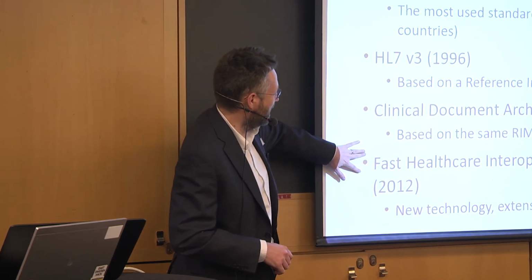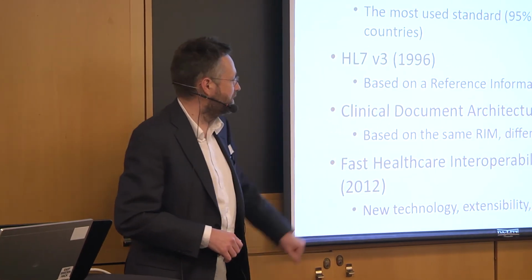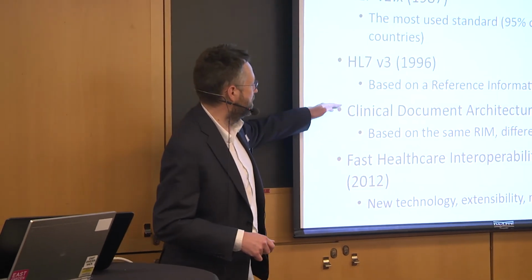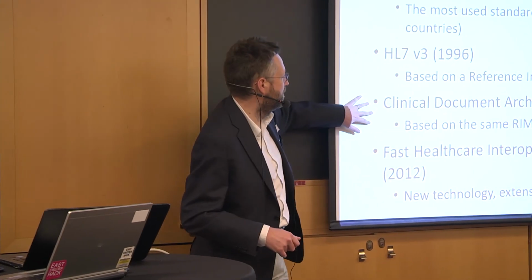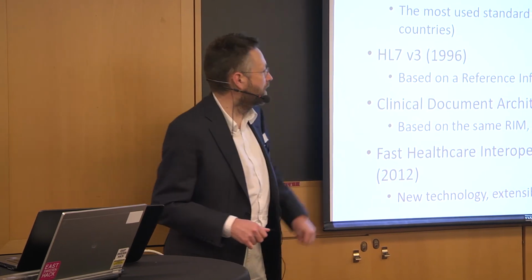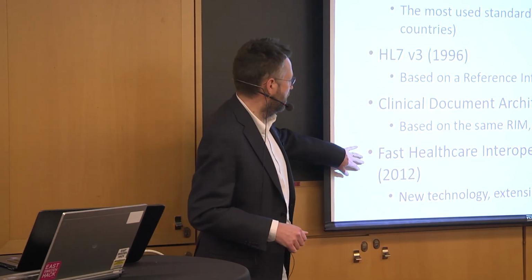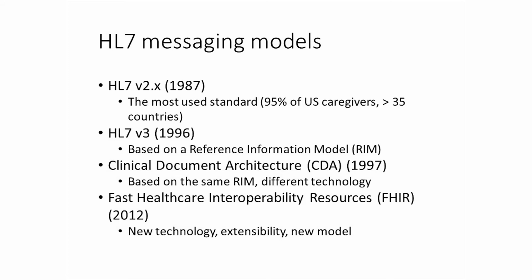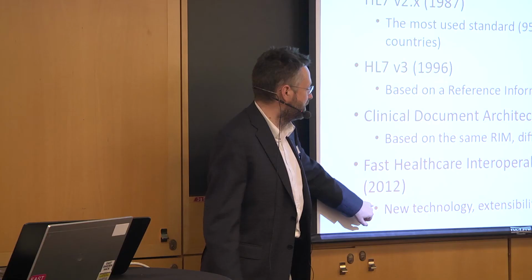Then something happened just a couple of years ago, because this was still found to be a bit too complex to implement. So there was something within HL7 called Fast Healthcare Interoperability Resources, FHIR, it's pronounced. The idea here is that they updated the technology to the most recent technologies of today.